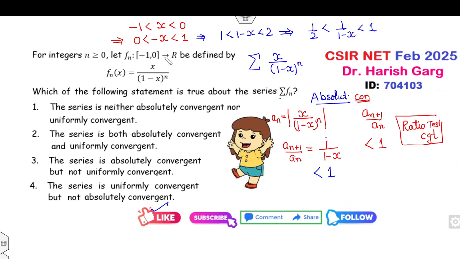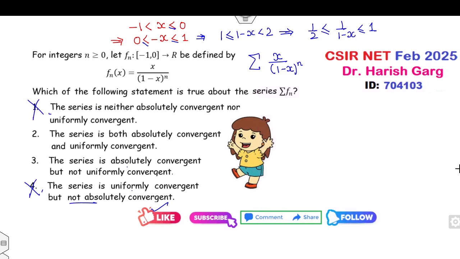Or you can take it as equality, there is no issue. So it is less than or equal to 1. Whenever it is less than or equal to 1, by using the ratio test, this series is convergent. That means yes, this series is absolutely convergent. Once it is absolutely convergent, the fourth option is cancelled, and the first option is cancelled.